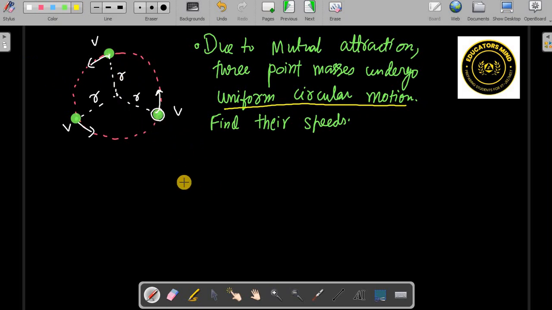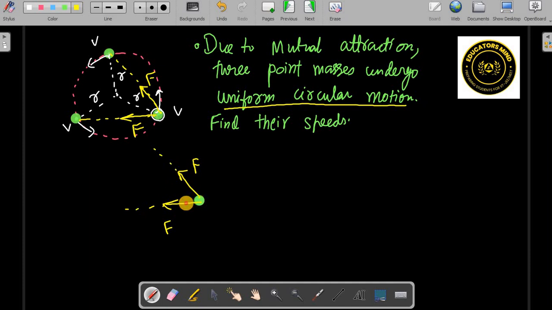So now let us try to find out the force. Force on this will be along this direction, F, and force on this also will be along this direction. Both forces will be equal. Just draw the free body diagram of any one of them, and you will see this force and this force, due to the other two.